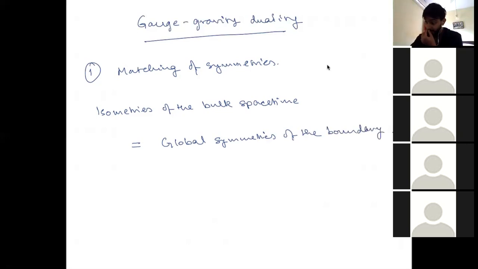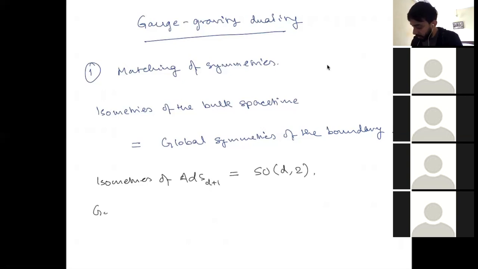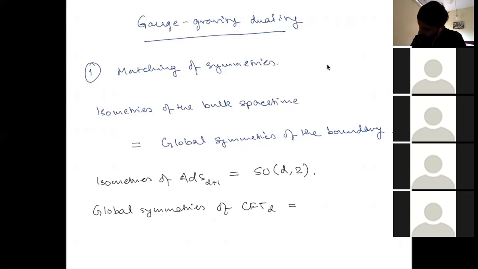We saw this in the case of AdS, where the isometries of AdS_{d+1} are SO(d,2), and the global symmetries of the boundary, the symmetries of a CFT in d dimensions, are also SO(d,2).